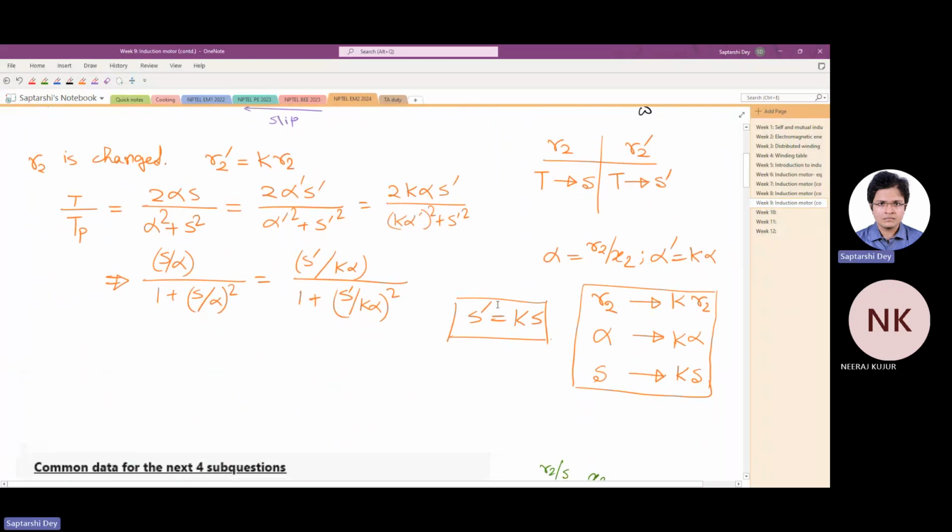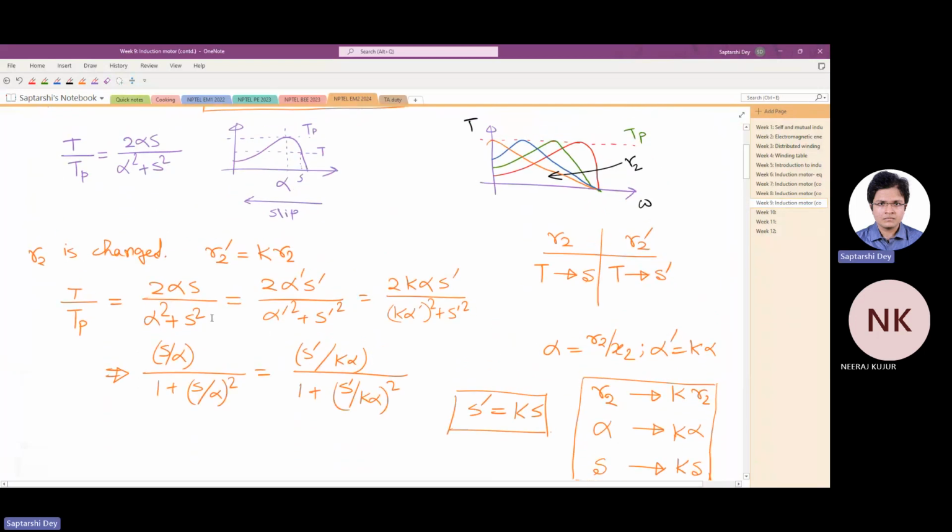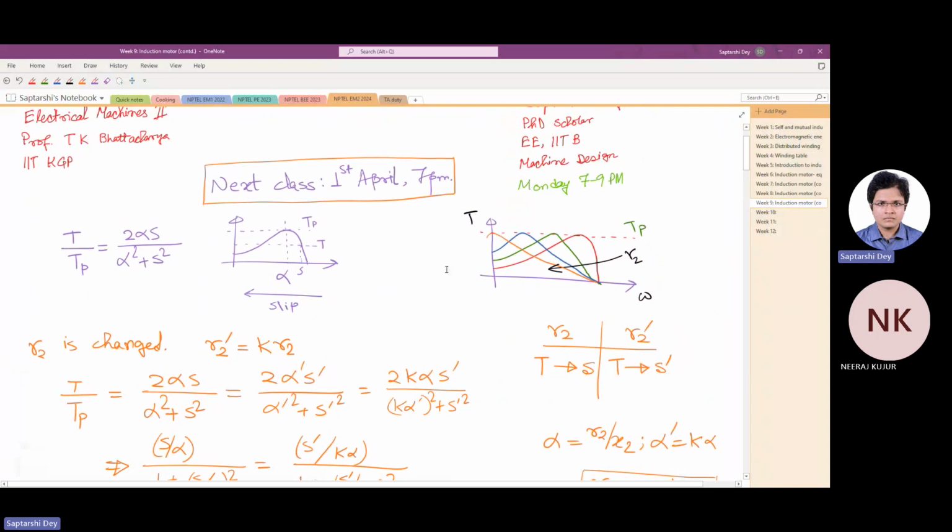One small thing we derived at the beginning of the class, one more thing with this graph, is that you are changing the rotor resistance. The peak torque capability of the motor does not change with the rotor resistance. Rather, the slip at which the peak torque appears, that is alpha, changes.